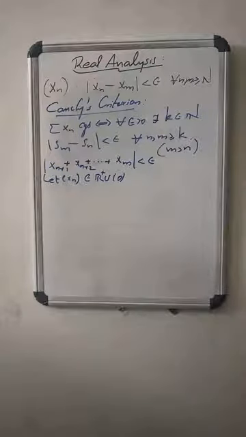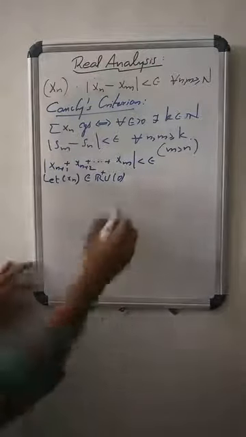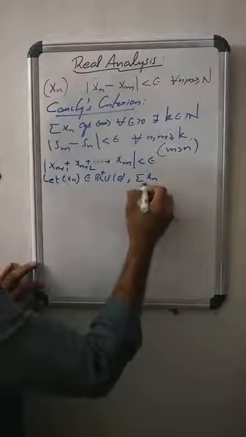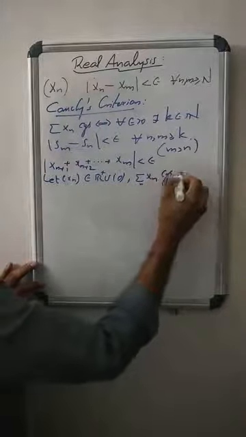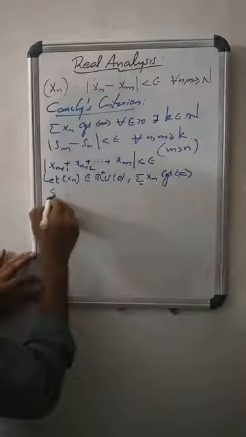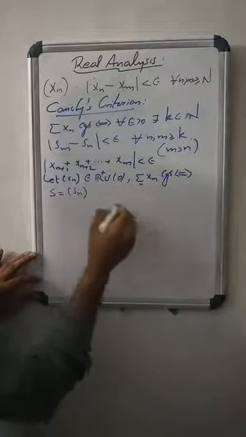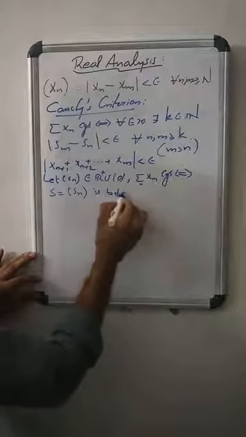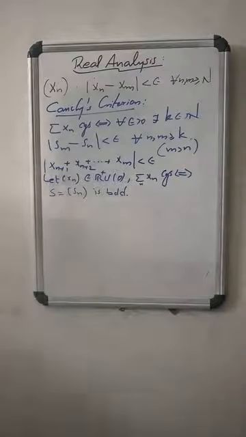Then the series sigma xn converges if and only if the sequence S equals Sn, the nth partial sum of xn, is bounded. So if xn is a sequence of non-negative reals, then sigma xn converges if and only if its nth partial sum Sn is bounded.